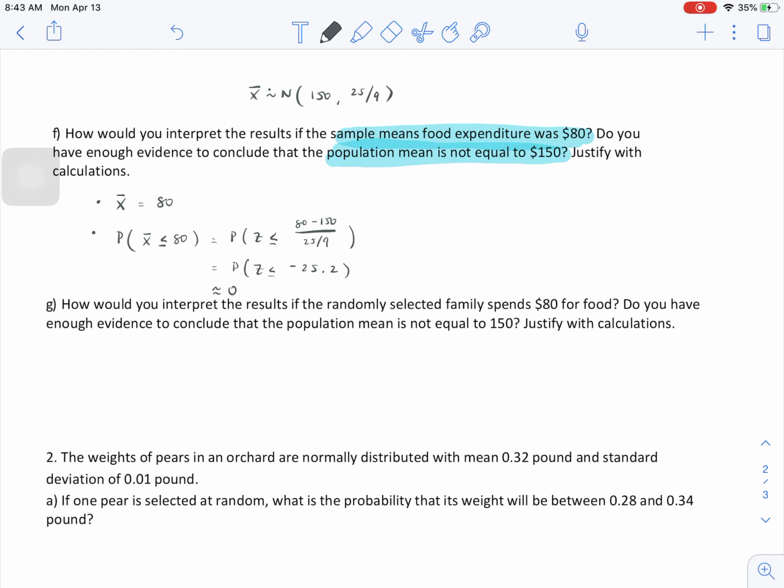So that tells us, because this is a very tiny percentile value, $80 must be a very, very unusual sample mean.